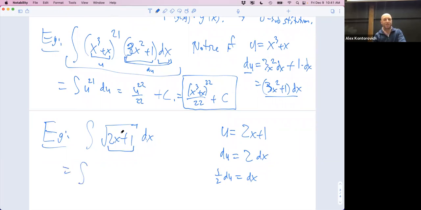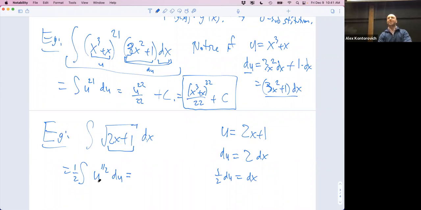This is the integral of u to the 1/2 power, instead of dx, 1/2 du. 1/2, which I can pull all the way outside. Everybody see that? Great. So I know how to integrate u to the 1/2.